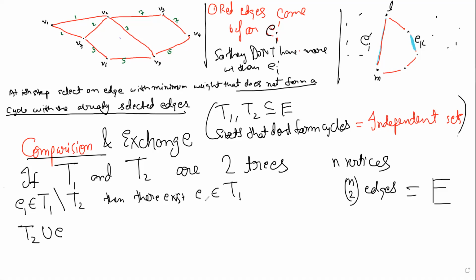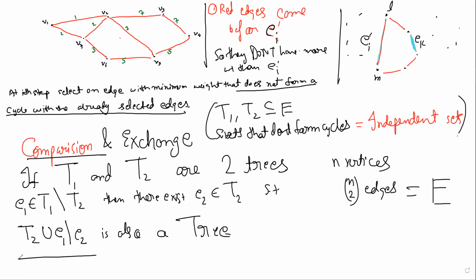First we are bringing in anything which is there in T1 but not in T2, and putting it in T2. Then we can take something in T2 which we can remove, such that the result is also a tree.